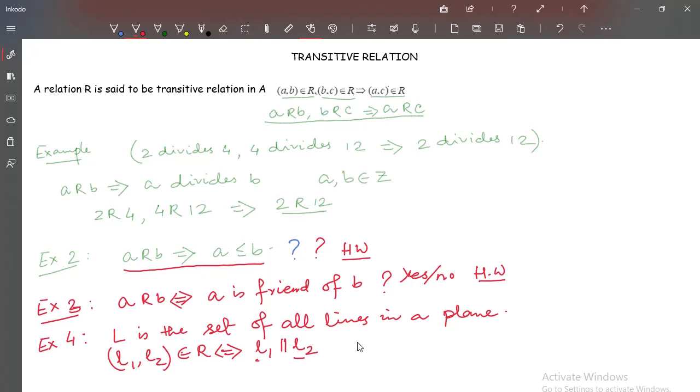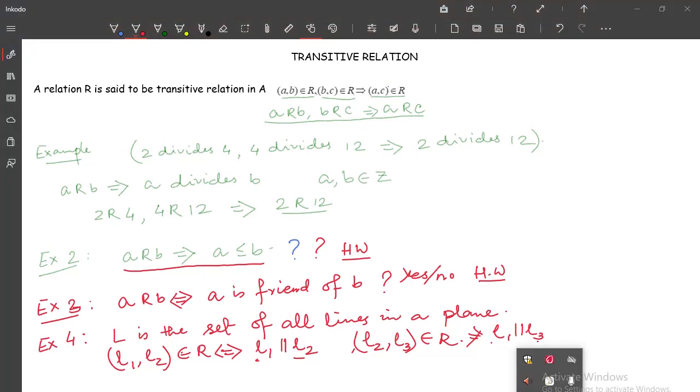Now take another. (L2, L3) belongs to R. So L1 is parallel to L2, L2 is parallel to L3. This implies L1 is parallel to L3, and so L1 and L3 are related to one another.